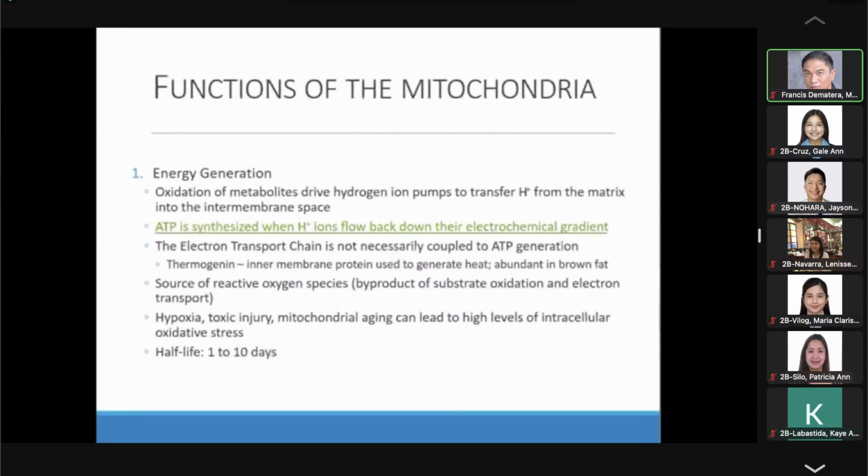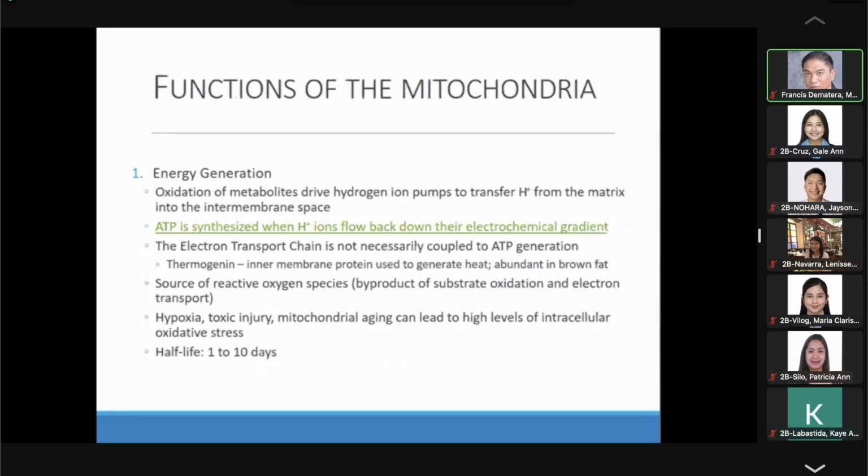First we go to energy generation. The major source of energy that facilitates cell function comes from oxidative metabolism. Oxidation of various metabolites drives hydrogen ion pumps that transfer hydrogen from the matrix to the intermembrane space.